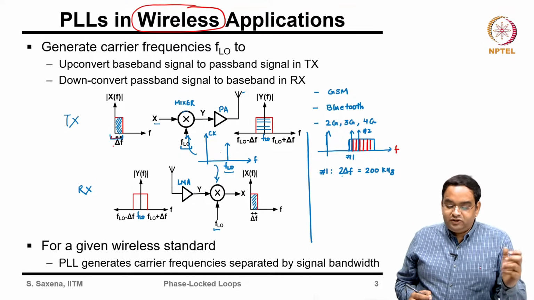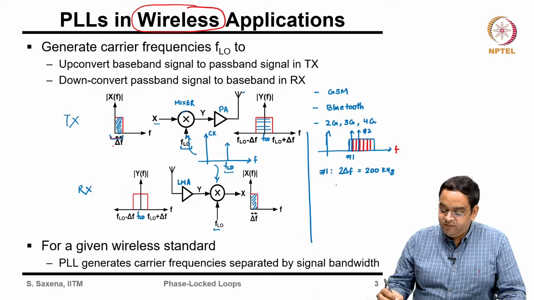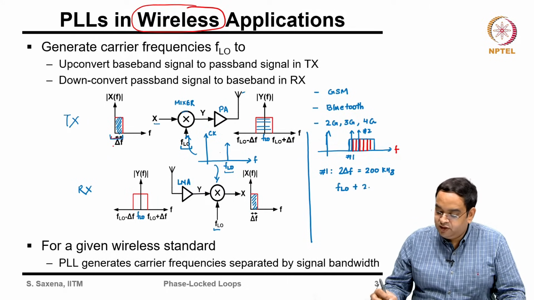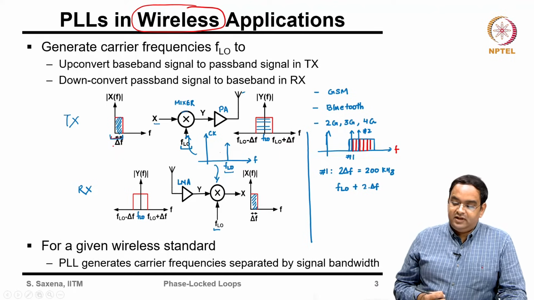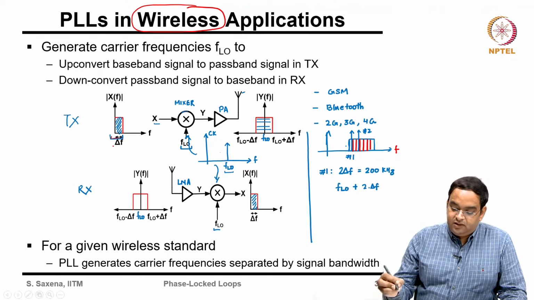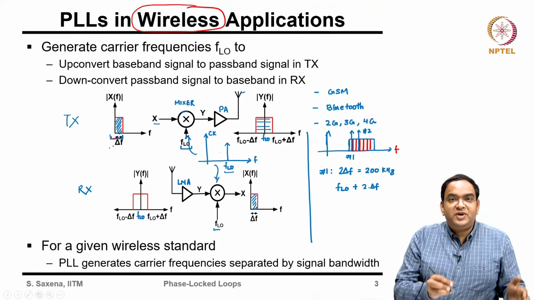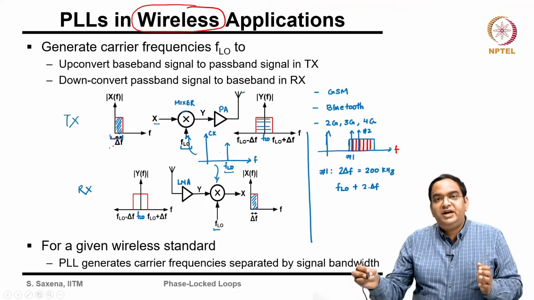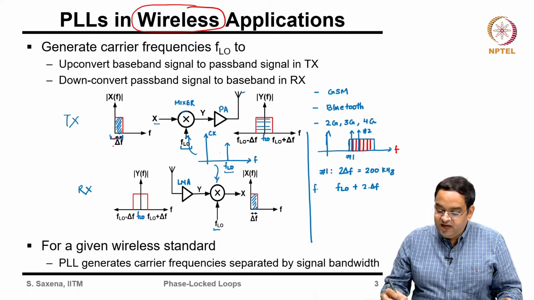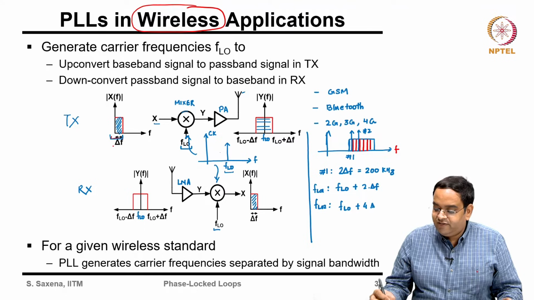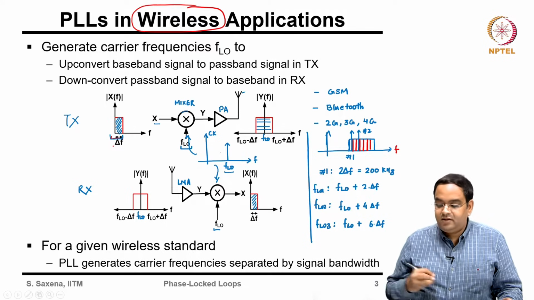So, your same phone at some point of time will be generating the frequency FLO plus 2 times delta f as the frequency, because the phone has to upconvert the baseband signal of each user to a different LO frequency. So, you may have FLO1 as this, FLO2 will be FLO plus 4 delta f, and FLO3 will be FLO plus 6 delta f.